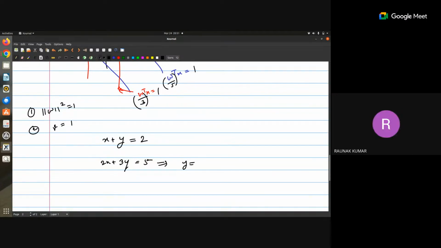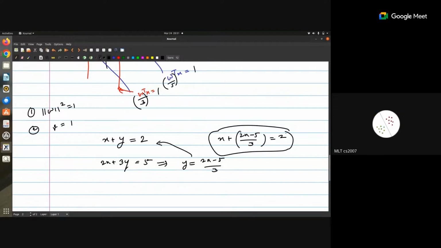You try to cancel one out to find y, let's say y equals (2x minus 5) by 3, and you substitute it here. When you substitute, how will this problem look now? It will be in one variable. So what we are saying is, I know that y is dependent on x somewhere. Can I use that information to make it one variable and now solve?